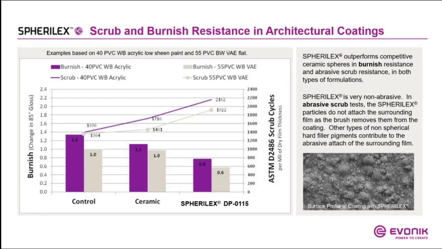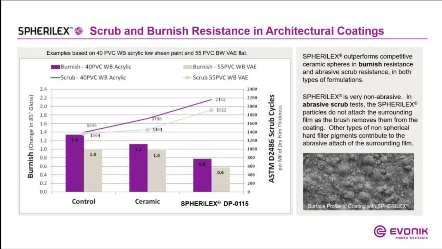On the other hand, we tested the wet scrub resistance according to the ASTM test method D2486, means we scrub over the surface until the substrate is visible. The control paint showed nearly 1,400 cycles until you see the substrate shining through the coating.